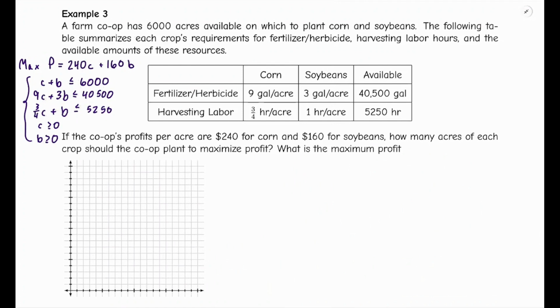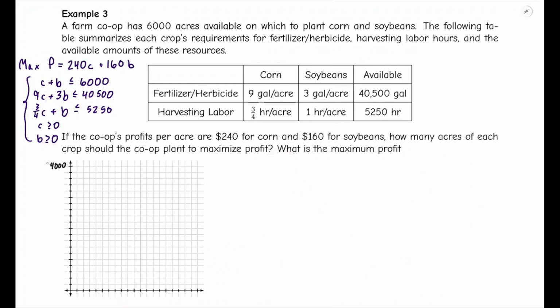So now I'm going to graph my feasible region. Sorry, got tongue-tied there for a second. I'm going to find my boundary lines. Before we do that, again, I want to label my axes. We're actually going to have different numbers this time.